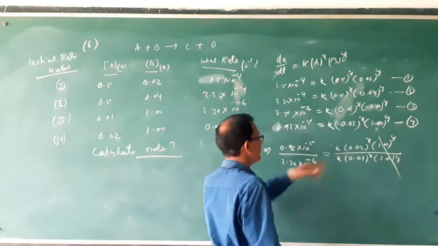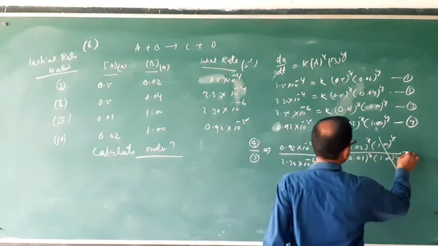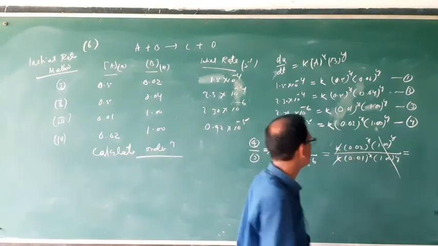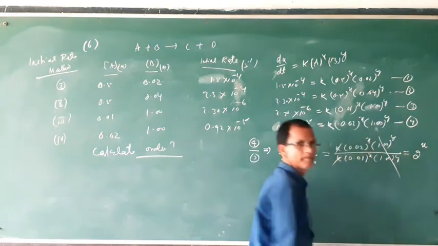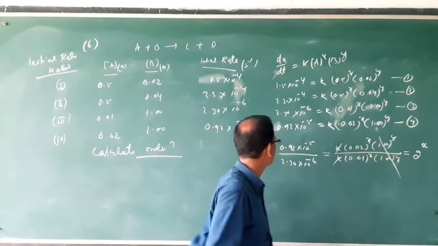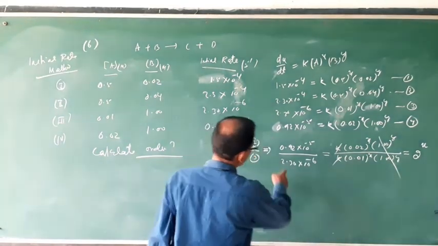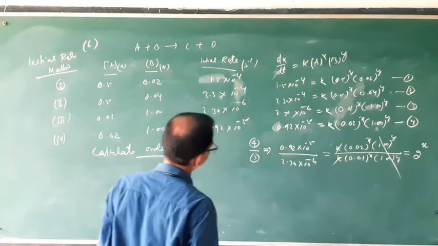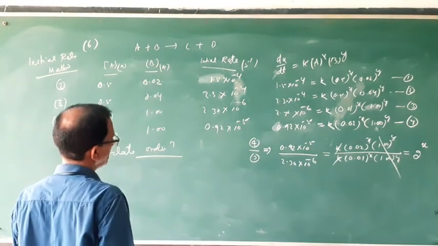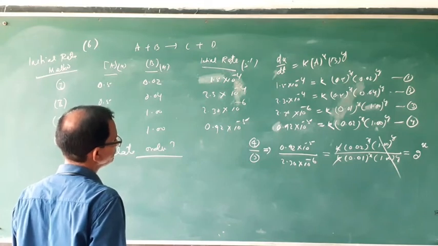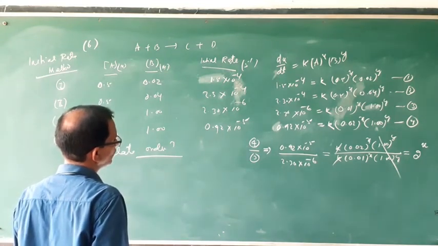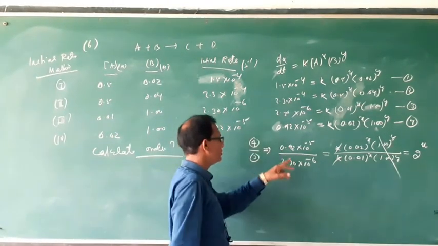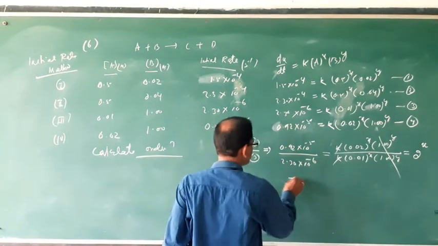The y cancels. What is left? The k cancels. On the right side, 0.02 by 0.01 is 2, so 2 to the power x is left. If you multiply by 4, you see this value is approximately 4.